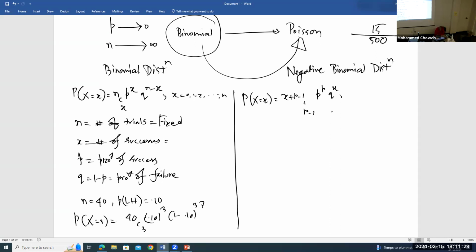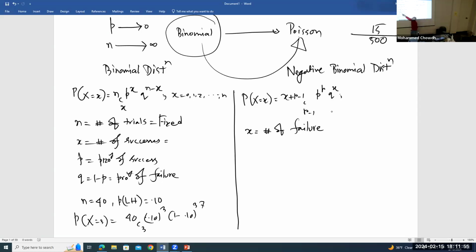Now x equals what? The number of failures. Is failure a positive or negative thing? A negative thing, right? But here, x was the number of successes. Success is positive, right?